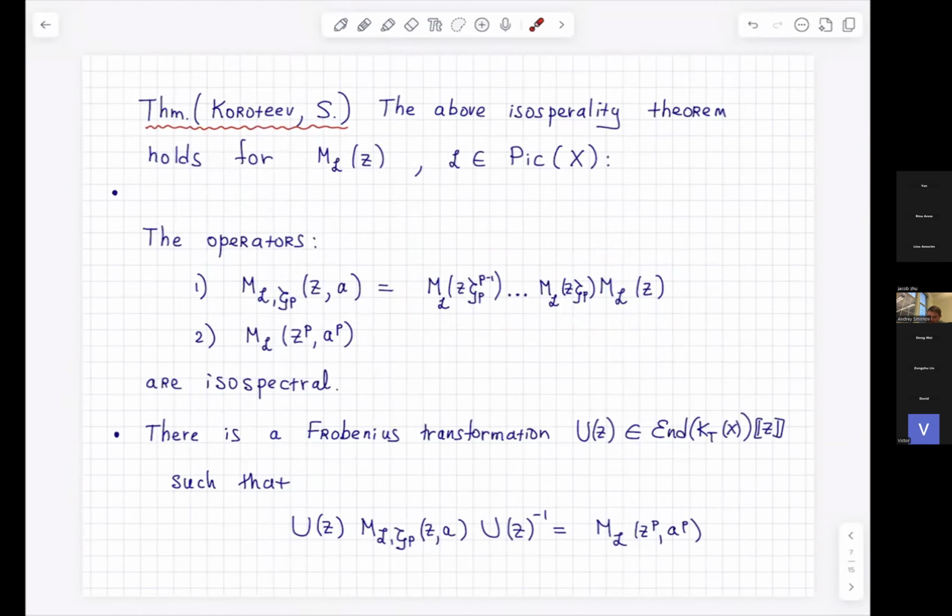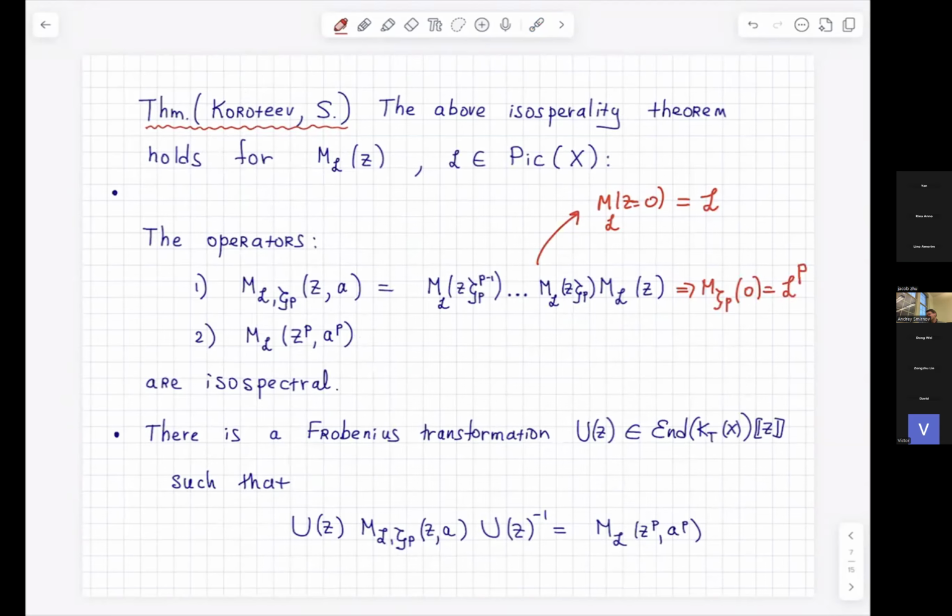The reason for that is that when z is equal to 0, you turn off all quantum correction, and this operator is just L. So it's just an operator of classical tensor multiplication by L. And so this averaged operator, zeta p, at 0 is exactly L raised to the power p.